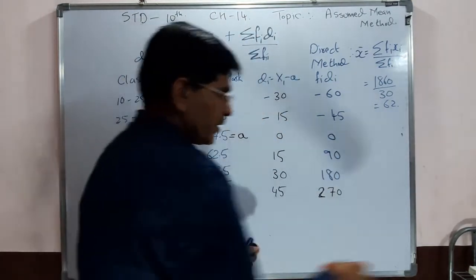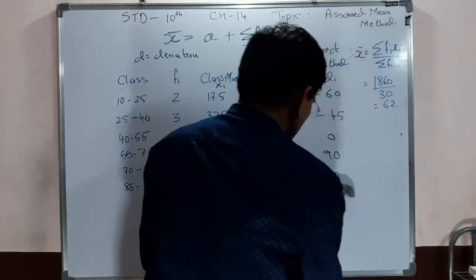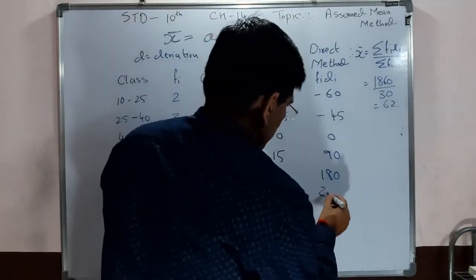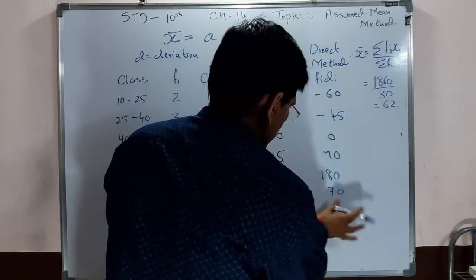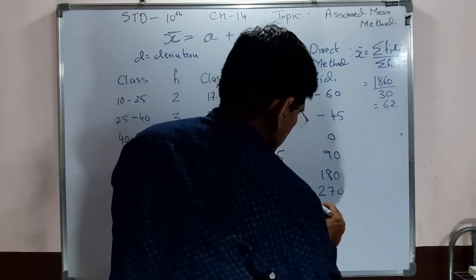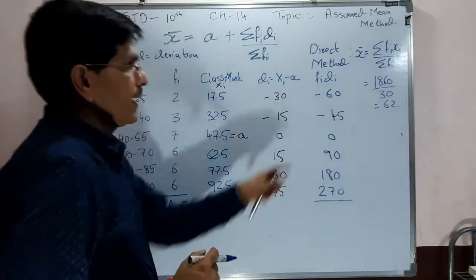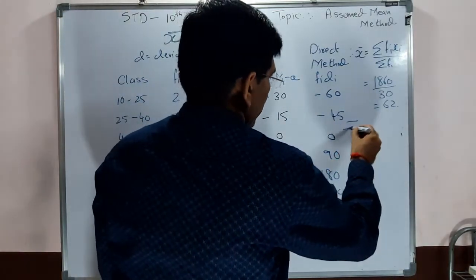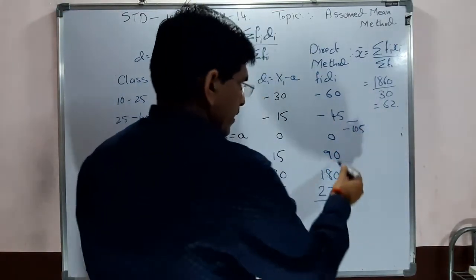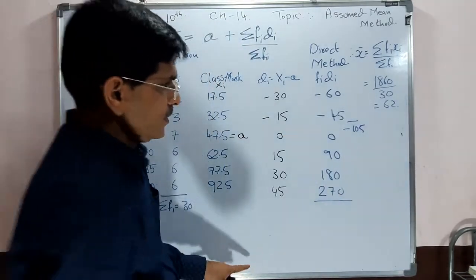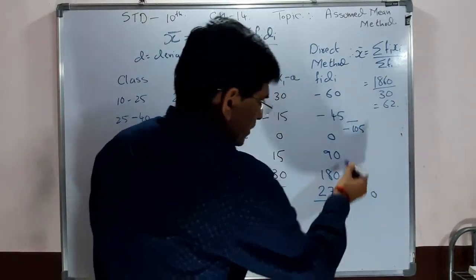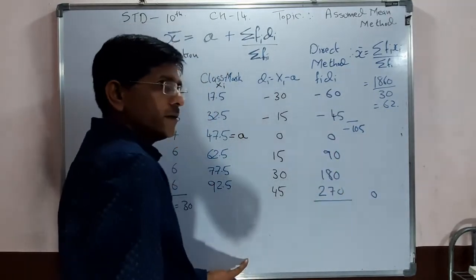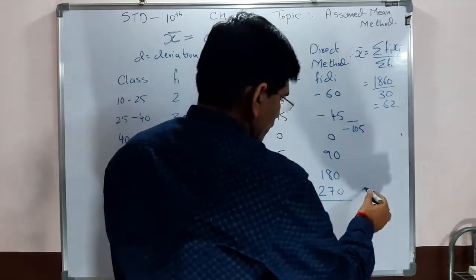Now what we have done, writing with blue, so you can understand it. So 270. Now what do we have to do? Total. Negative, negative, positive. So here minus 105. All are positive, so these three terms positive, plus 15 and 9, that is 24.